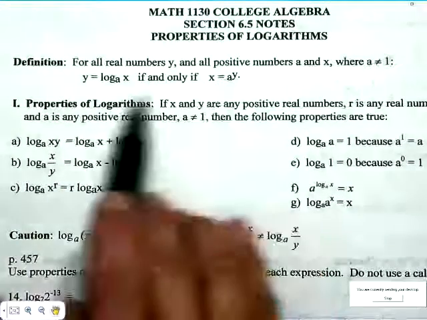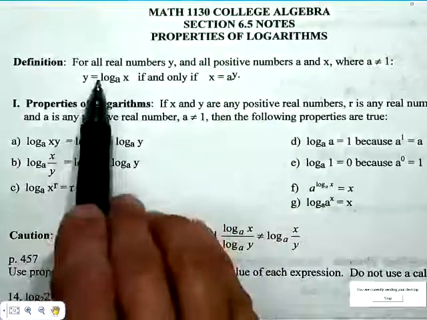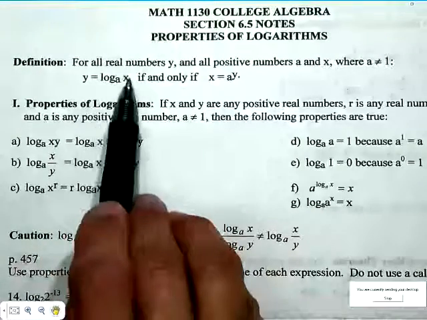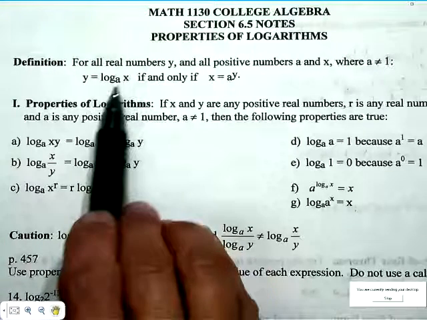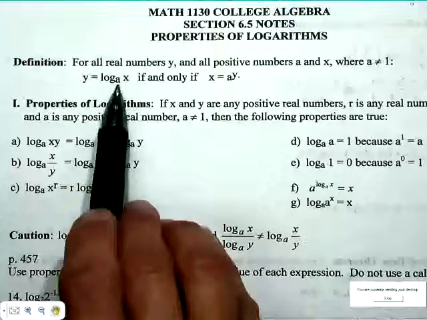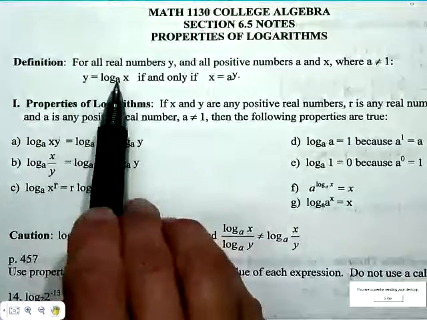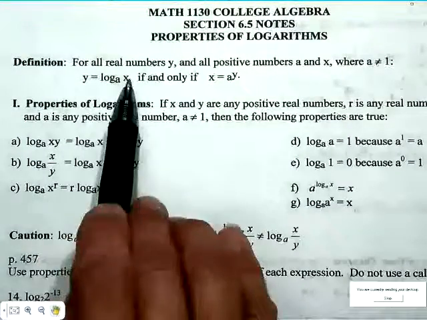If I give you a logarithmic expression, y equals log base a of x, you can change it to exponential form. The base is a, y is the exponent, and a to the y gives you x.